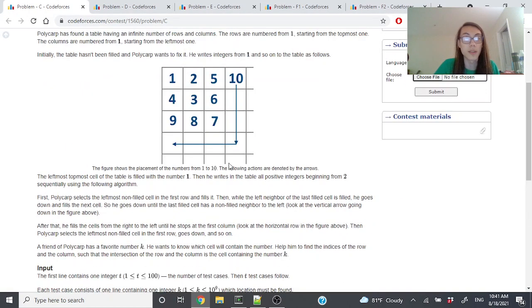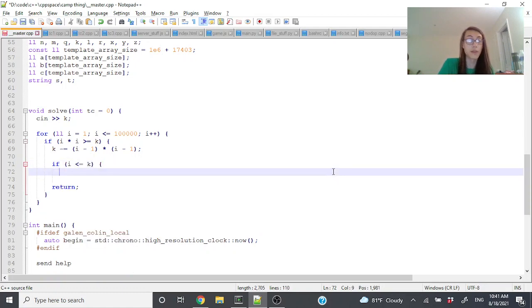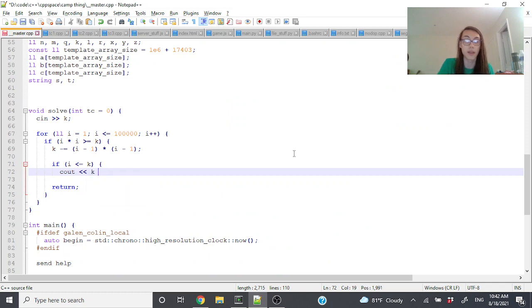Okay, now we have k things. So if i is less than or equal to k, then print, so the column would be k.